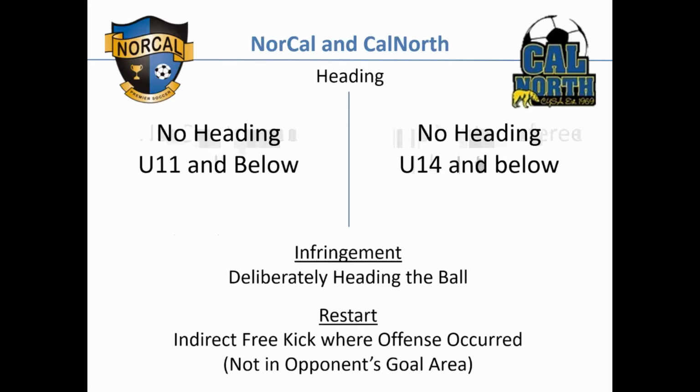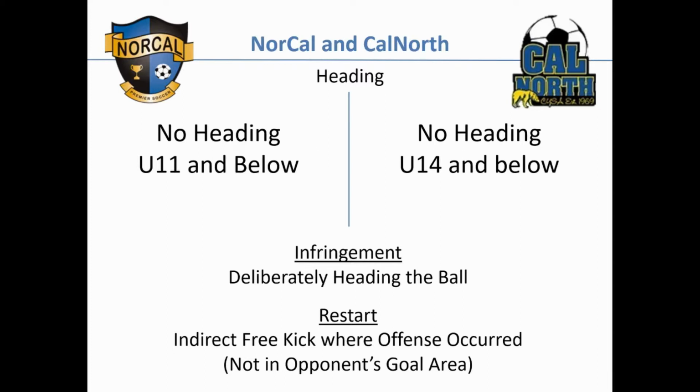Let's go to the next screen. For NorCal games, as far as the heading of the ball is concerned, any age bracket of U11 and below. On U8, we do not have any referees required. So you'll be dealing with U9s, U10s, and U11s, and they cannot be heading the ball deliberately.